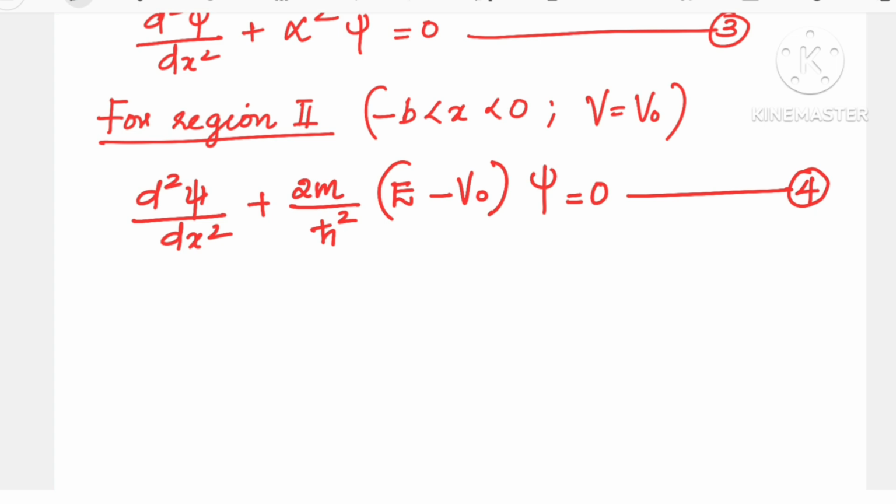In the above equation, we can substitute 2m by h cut square into E minus V0 is equal to beta square.